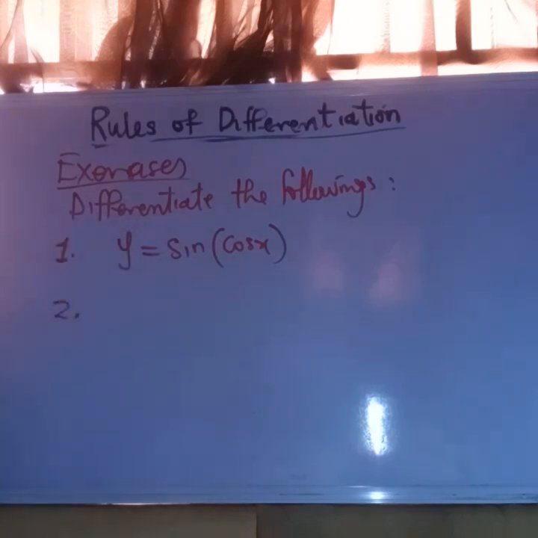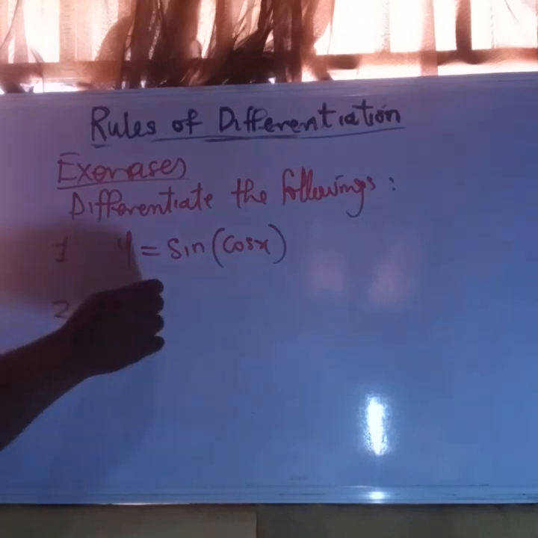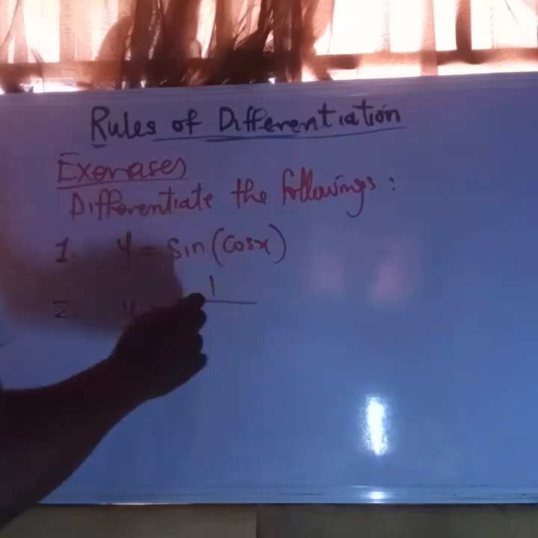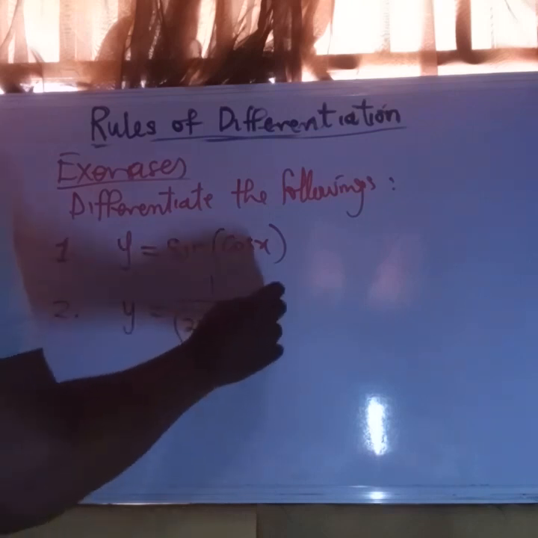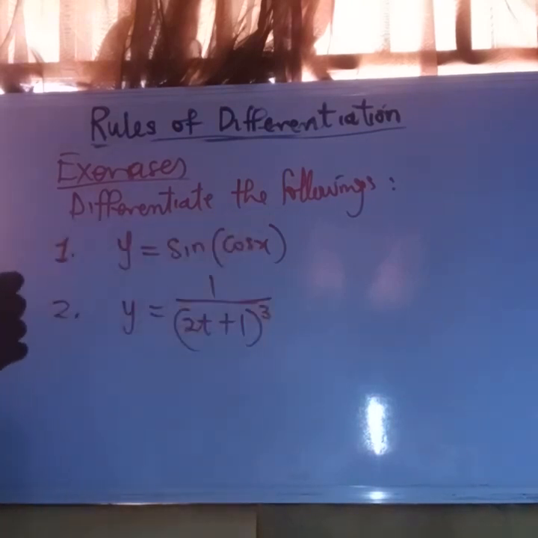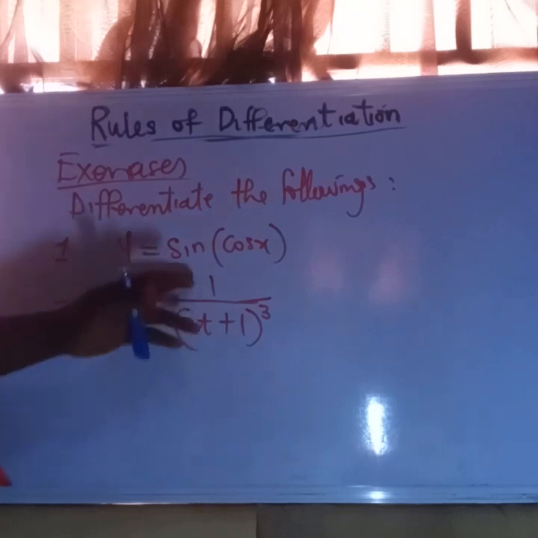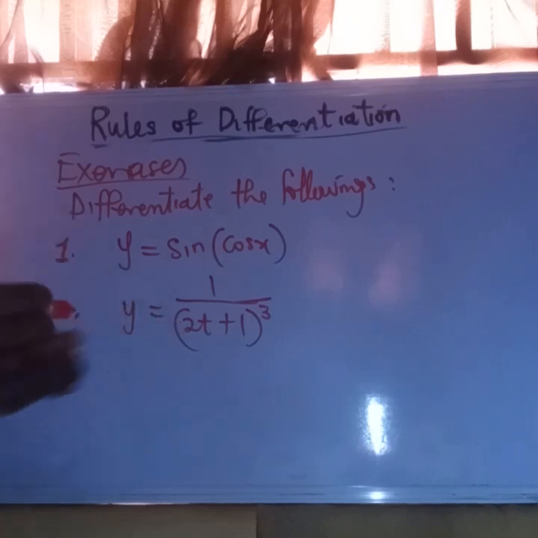Number 2. If you are given, let's say, y equal to 1 over 2t plus 1 to the power of 3, we can apply the quotient rule to do this, but we want to use the chain rule to do this.